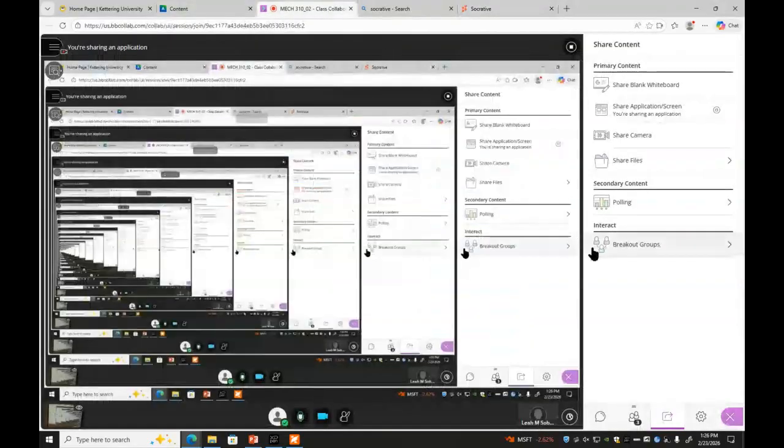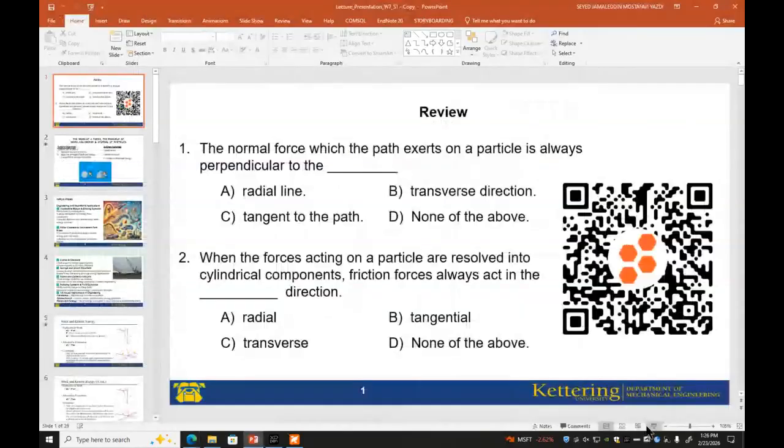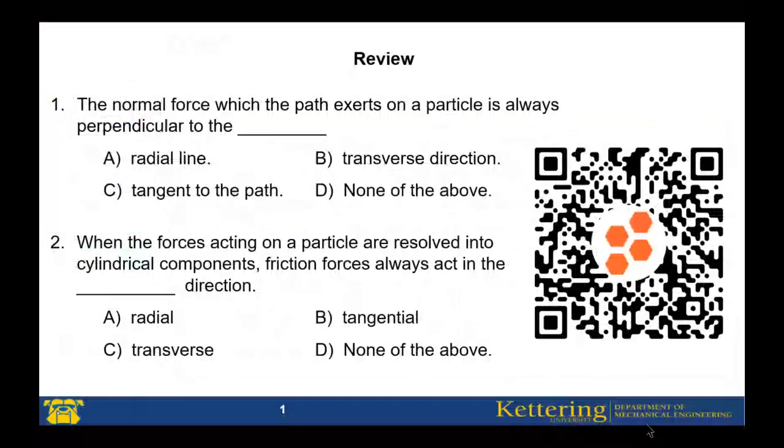Yeah, let's go to the test. I started to talk about the equation of motion in the cylindrical coordinate system. And I showed you some complex problems and also different applications in the previous slides.